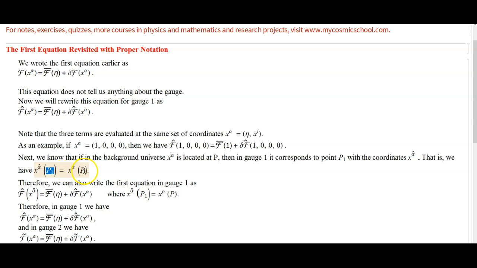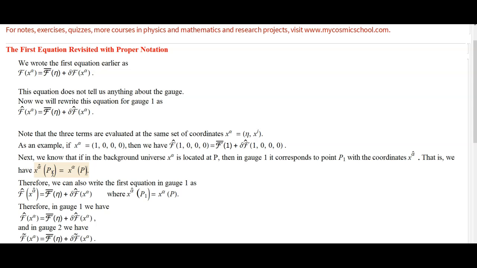because if I keep the physical location the same, if I take the same point P, then the coordinates cannot be the same. Therefore, P and P1 are two different points, but they are very, very close to each other.